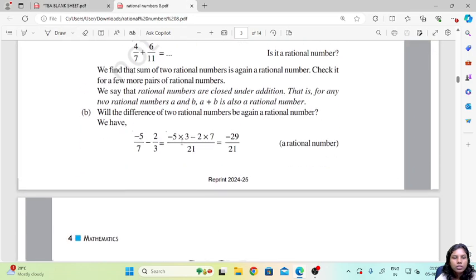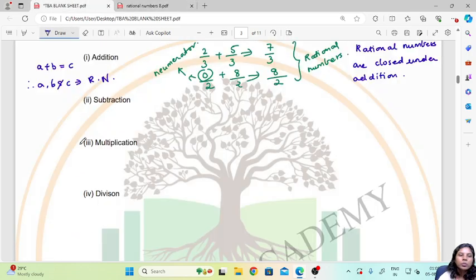Example, minus 5 upon 7 minus 2 upon 3. Here what we'll have to do is make the denominator the same. So for that, this will be 21. 7 threes are 21, so 3 into 7. So therefore we'll get minus 15 upon 21 minus 14 upon 21.